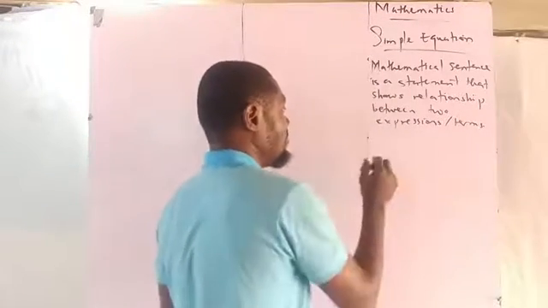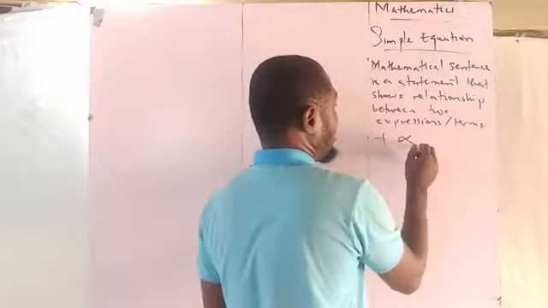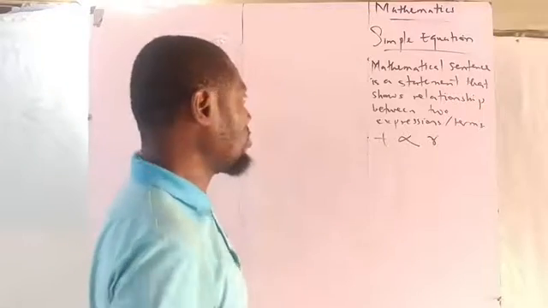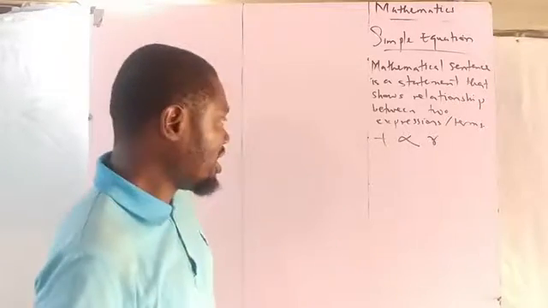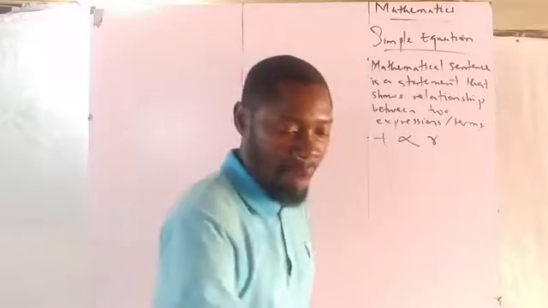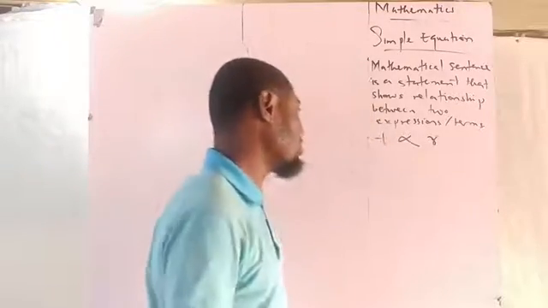Example, you have T is directly proportional to R. That is a mathematical sentence.